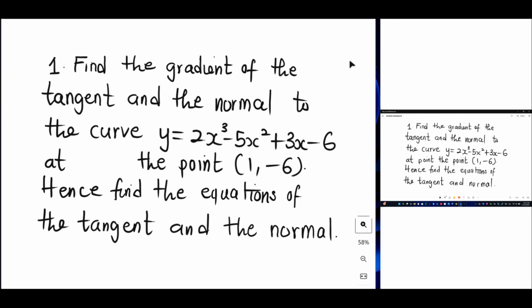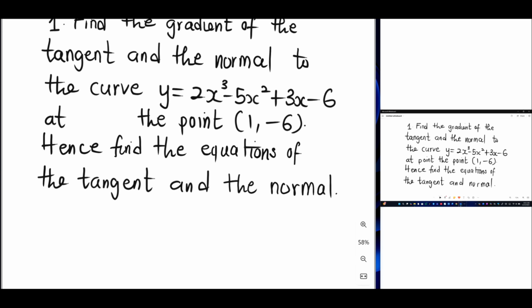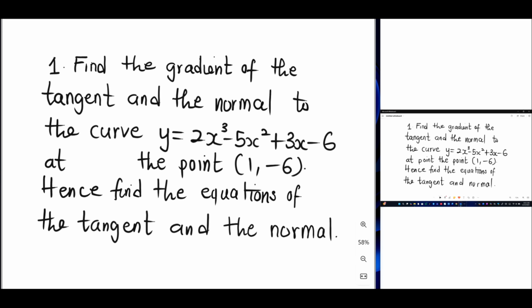All right, so we have a problem here and we have to find a solution to it. Let us start work. Find the gradient of the tangent and the normal to the curve y = 2x³ - 5x² + 3x - 6 at the point with coordinates (1, -6). Hence, find the equations of the tangent and the normal.